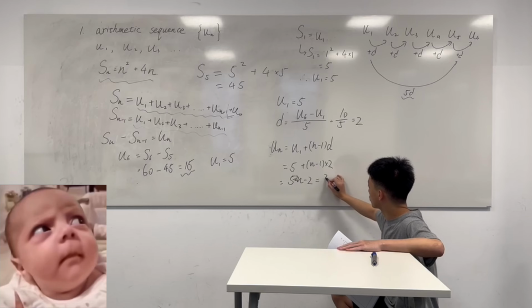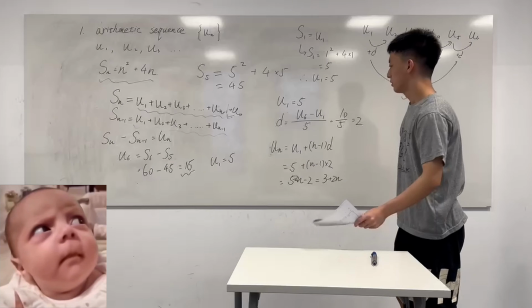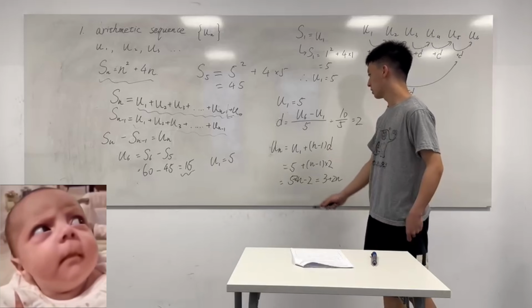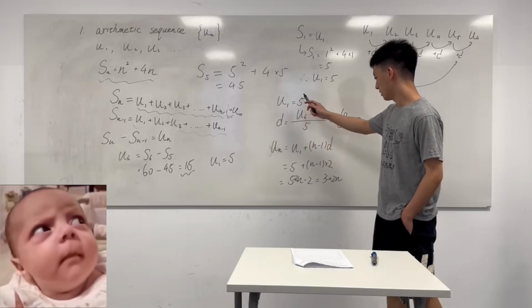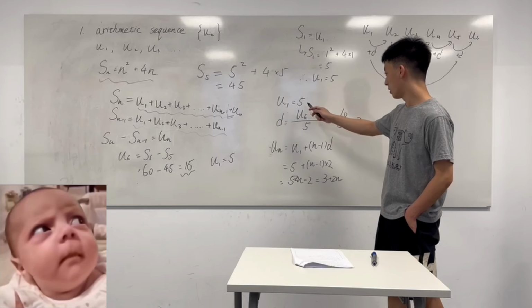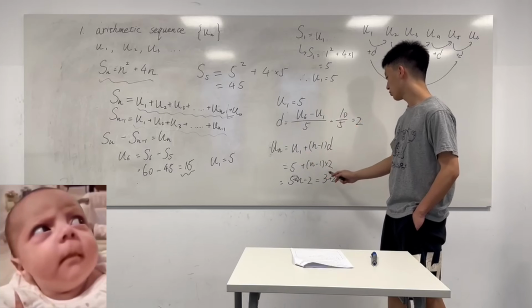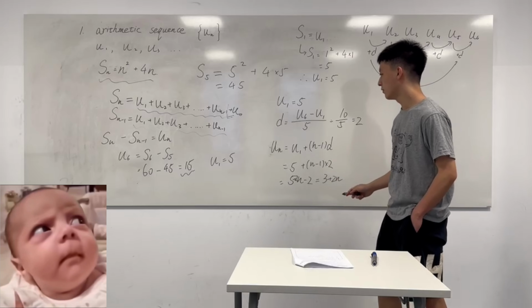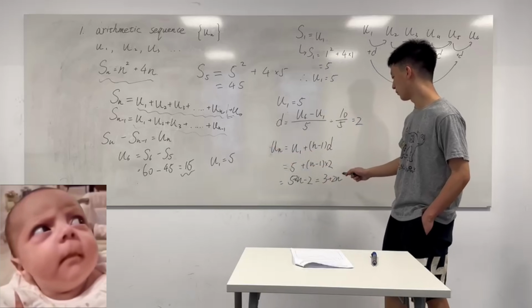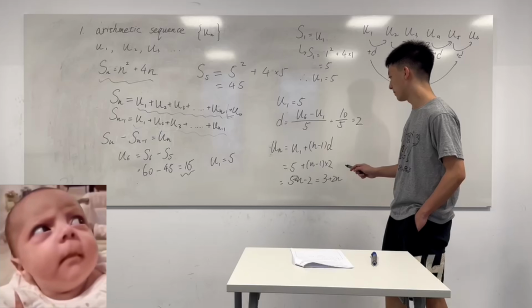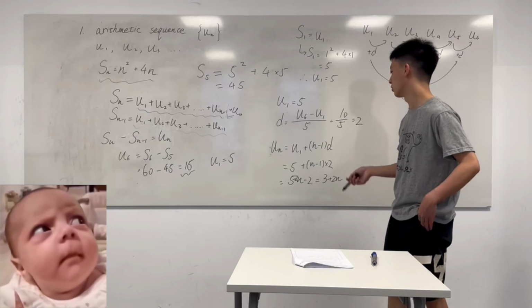So 3 plus 2n. We could check: when we let n equal 1, put back into the formula, 3 plus 2 times 1 is 5. When we put 6 into the formula, 3 plus 2 times 6 is 15. So it's correct.